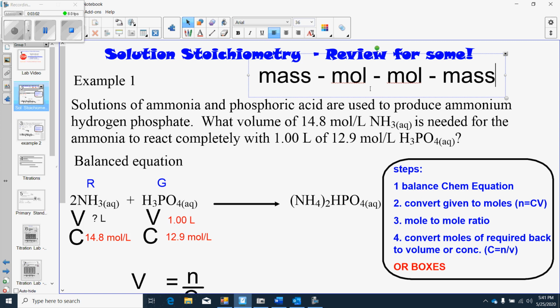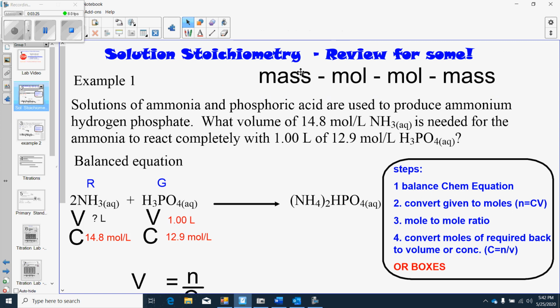It is key to have a balanced chemical equation, and these equations have to be quantitative. Stoichiometry only works with quantitative reactions, so no equilibrium arrows here. All of our reactions will be quantitative reactions, and when we balance them, the coefficients will represent the mole-to-mole ratio. And last, we would convert the moles of our required substance back into mass or volume, depending on what you were looking for.